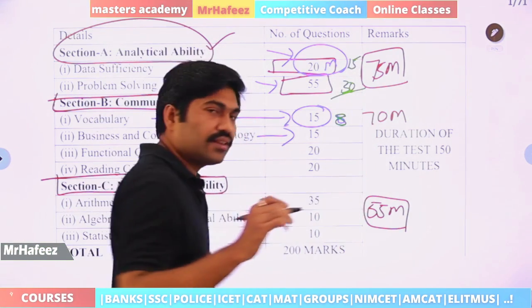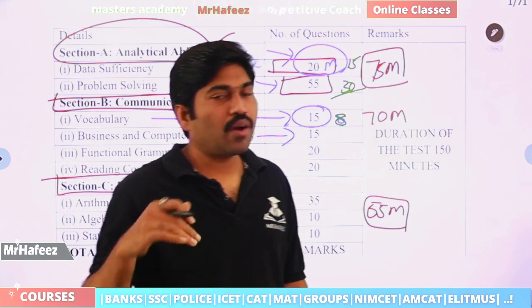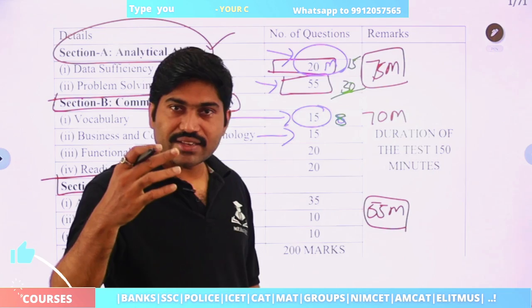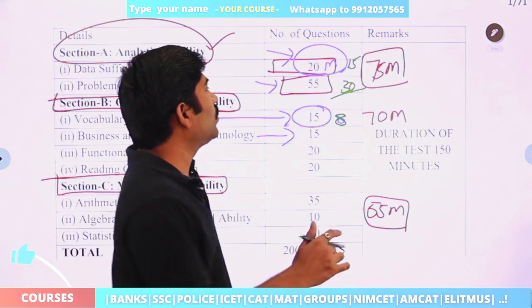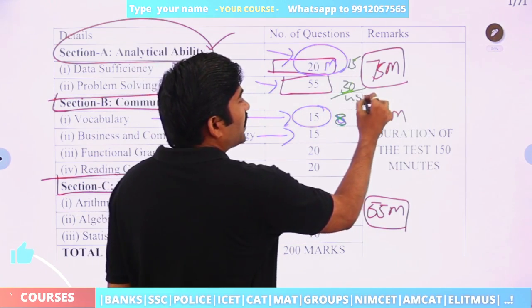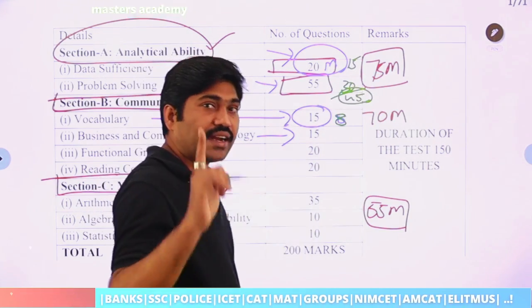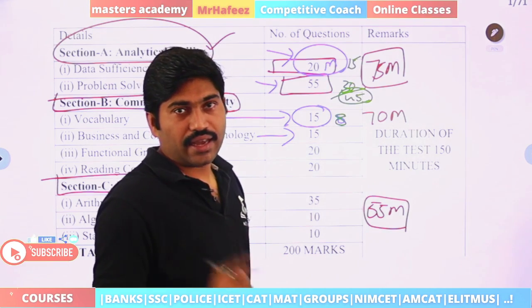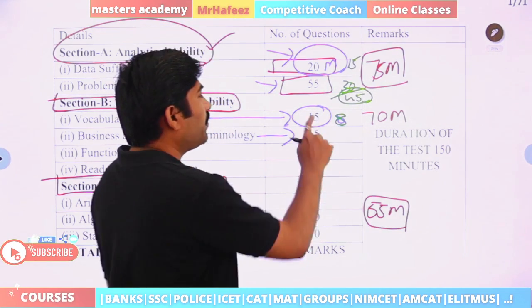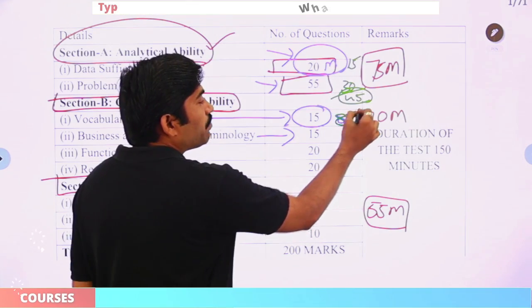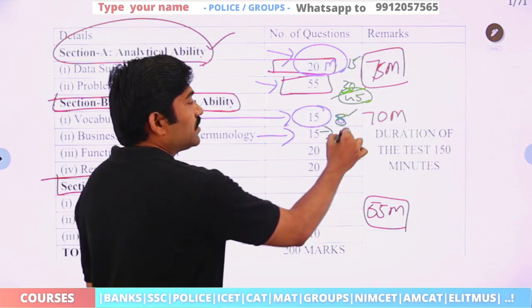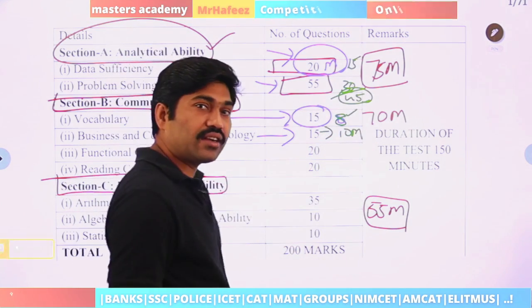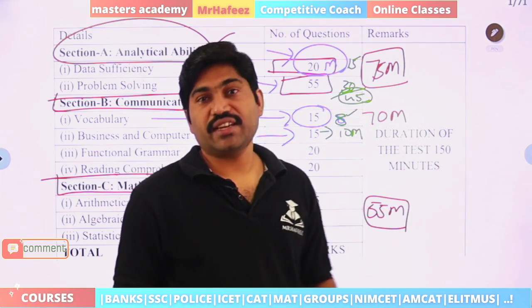I am not considering above average guys, and I am not considering average guys and overall. So 45 out of 75 you can get in section A, and section B consists of 15 questions. Out of that, 8 marks you can get very easily, and out of 15 questions, 10 questions you can get very easily related to CT and BT.